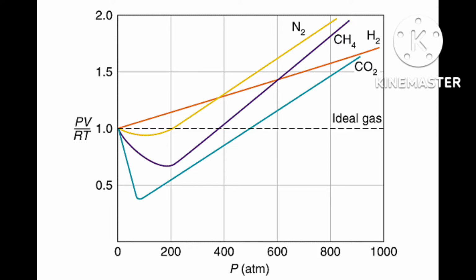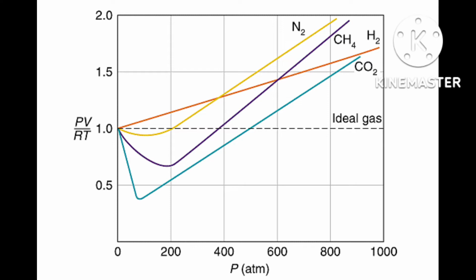Three things I have told you: for gases which deviate from ideality, the value of Z deviates from unity. This is the important point. Three things you have to understand: Z is equal to 1, Z is greater than 1, and Z is less than 1.